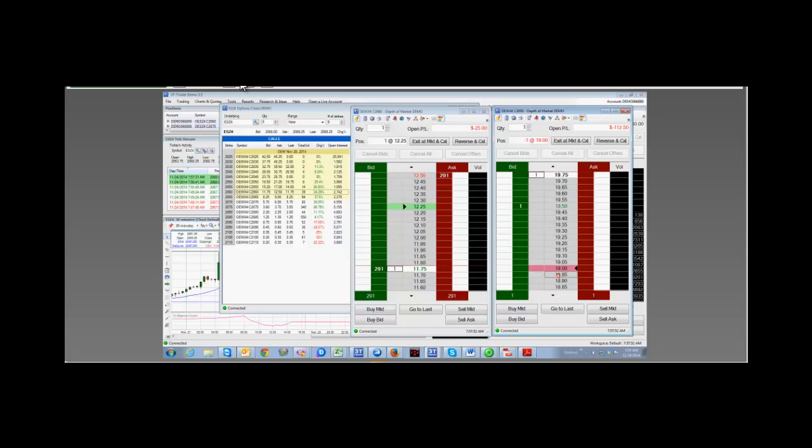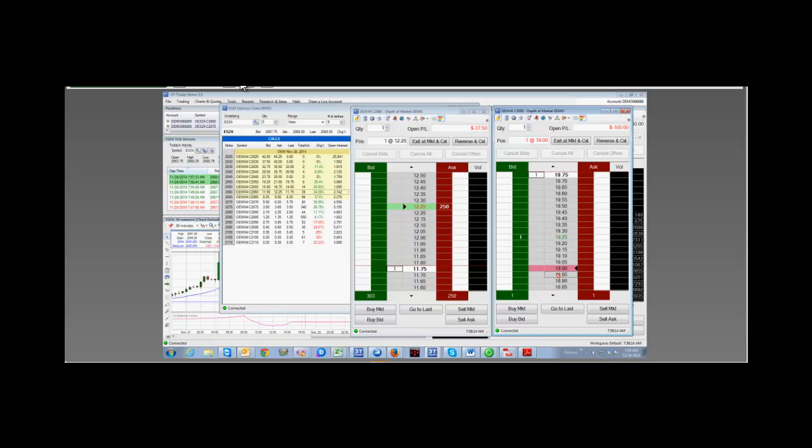In this case, it was 10 points. If they expired in the money, you get 500. 500 minus 185 is 315. You would make $315 on that trade had the market gone in your favor, gone up, and expired in the money.